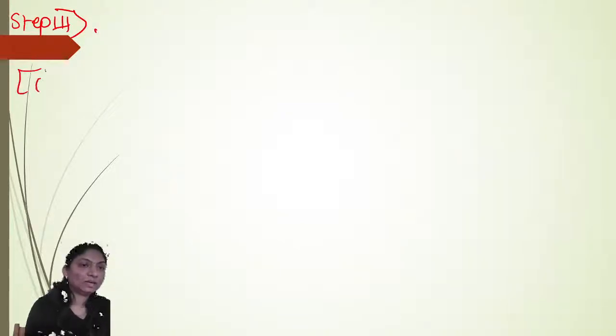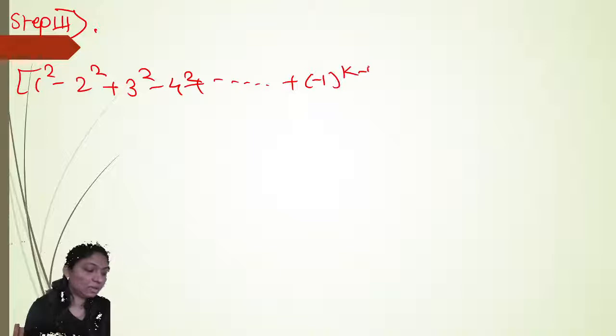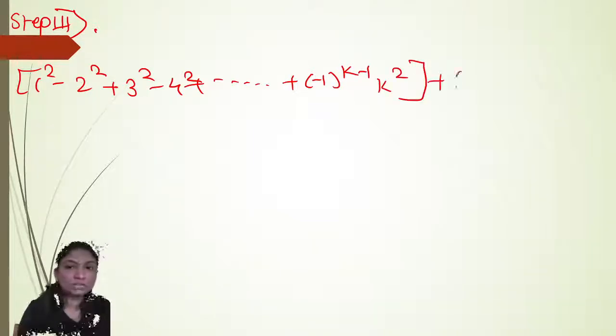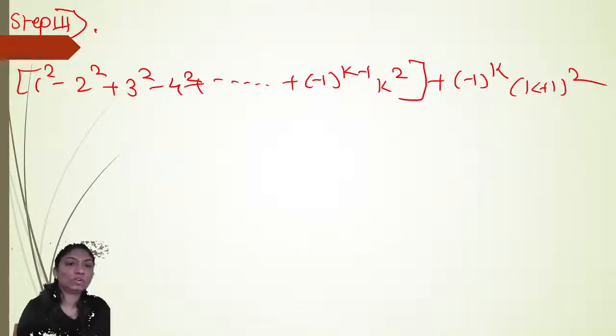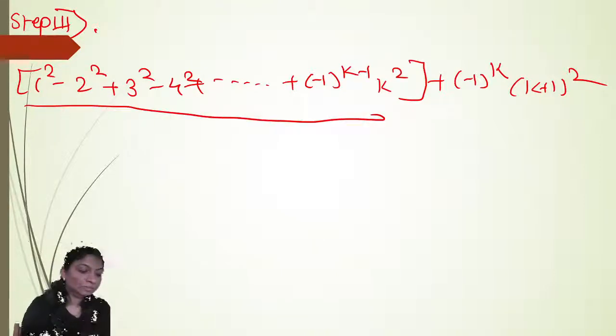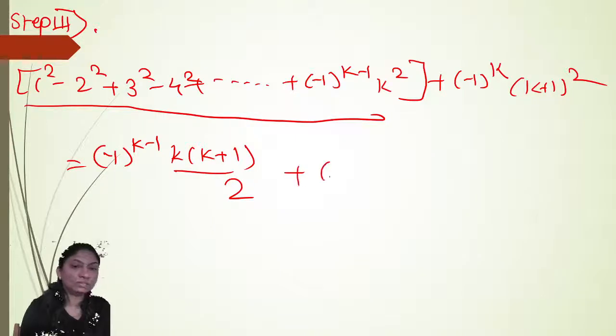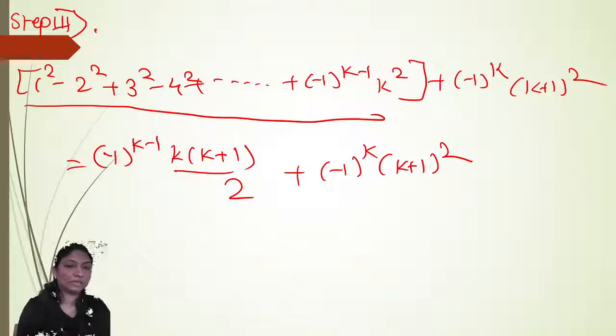Directly here: 1 square minus 2 square plus 3 square minus 4 square plus and so on, plus minus 1 raised to k minus 1 k square plus minus 1 raised to k plus 1 bracket square. So this is equal to minus 1 raised to k minus 1 into k into k plus 1 by 2 plus minus 1 raised to k plus 1 bracket square.